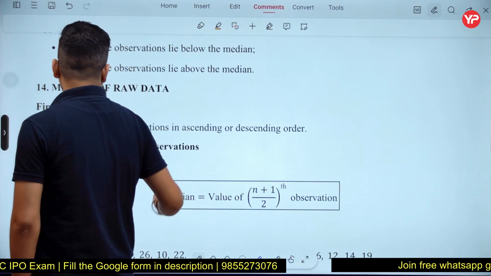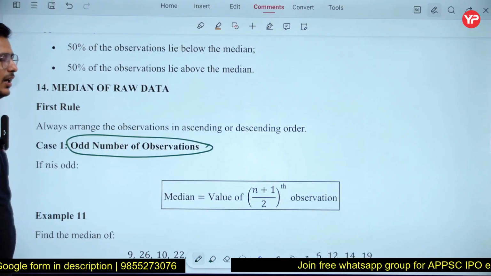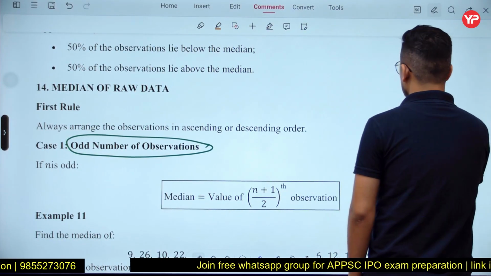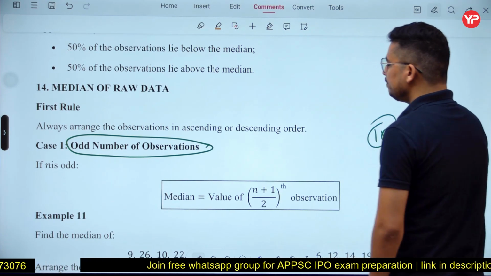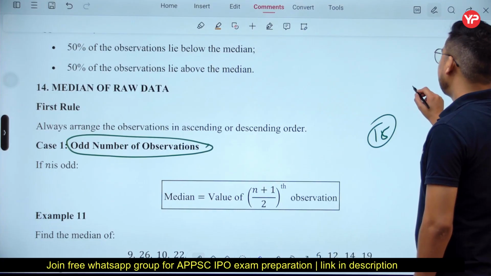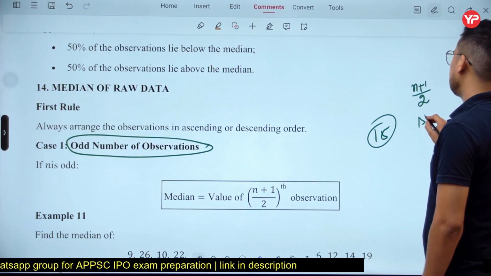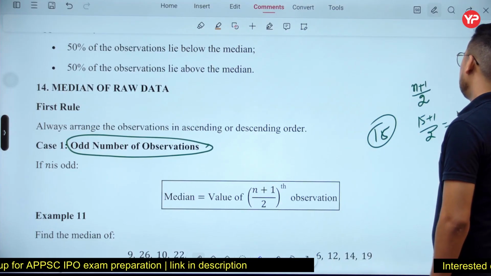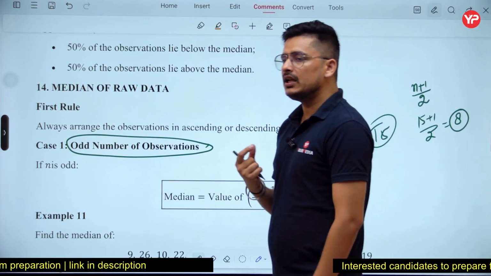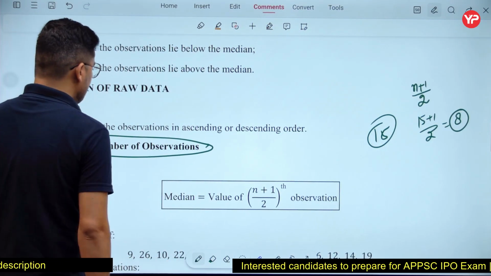If there is an odd number of observations, let us take 15 observations, then the median is the value of the observation at (n plus 1) divided by 2. That is 15 plus 1 divided by 2, which is 8. So the value at the 8th position in your given data will be your median.